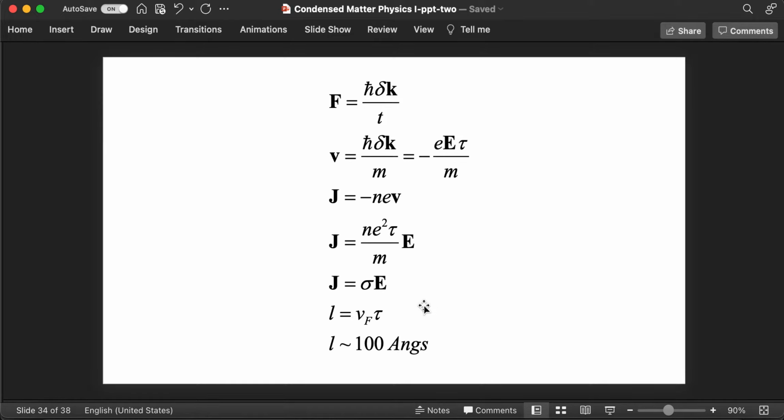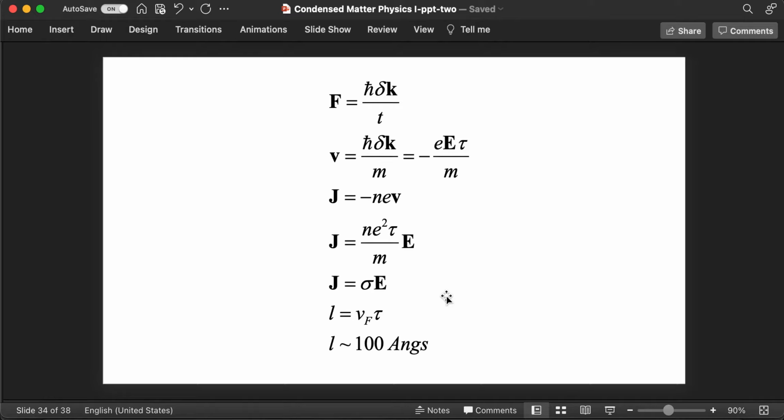So nothing changes with respect to DC conduction, because although there is this idea of the shift in the Fermi sphere, this is basically equal to the standard force that you can write in the classical model as well.